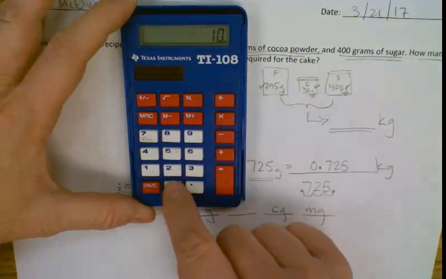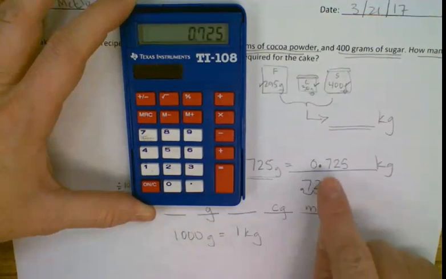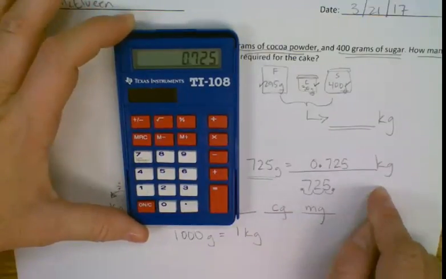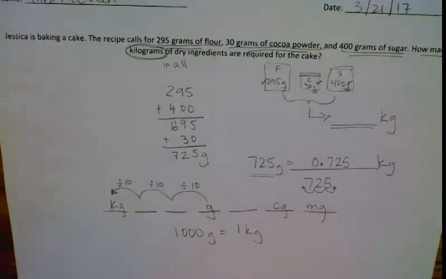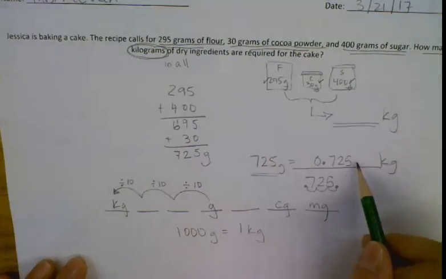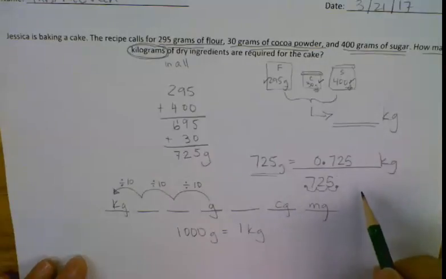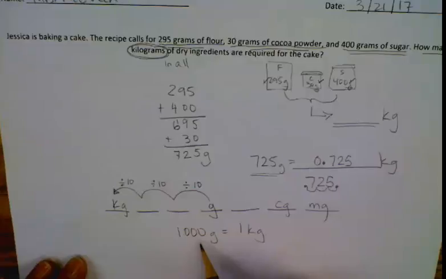Divide by 10, divide by 10, divide by 10 equals 725 thousandths kilograms. So for the dry ingredients, it's a little bit less than 1 whole kilogram of ingredients. 1 whole kilogram would be about 1,000 grams.